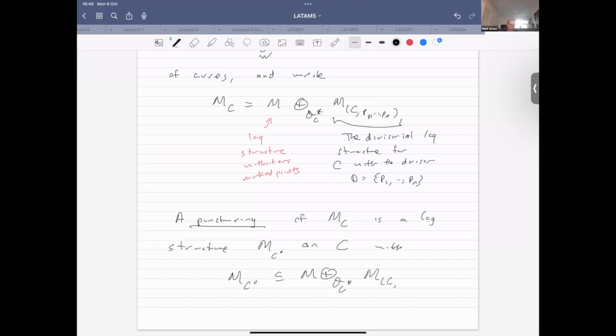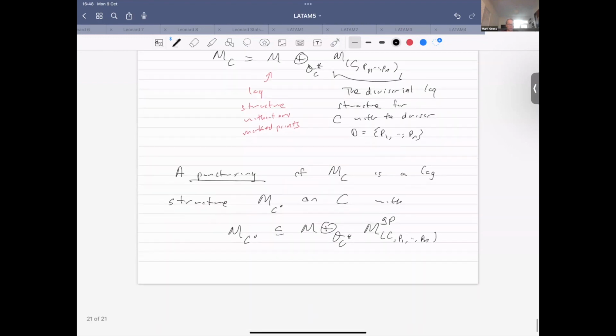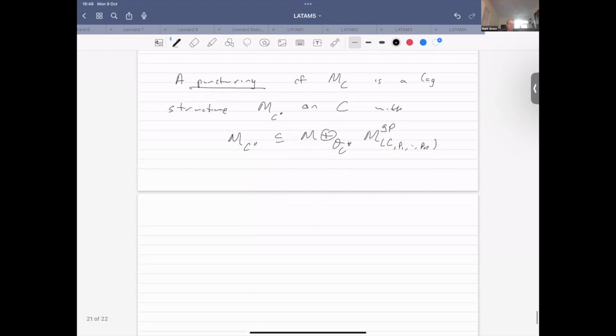And here I put the group of this sheaf of monoids. The group means that we're allowing ourselves to invert elements of this. So in other words, if we have a function which vanishes at p_i, we're going to throw in the inverse of that function. So we're suddenly allowing poles as well as zeros. So we'll have poles at p_1 through p_n.